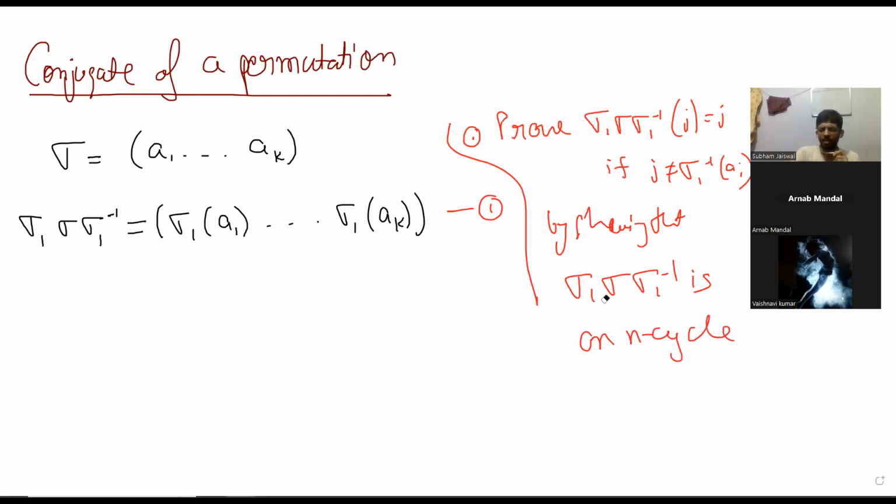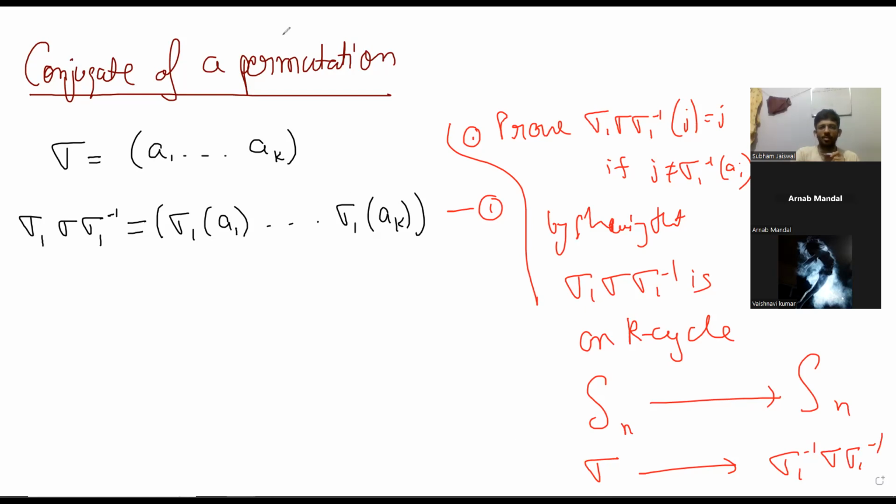And that you should do by considering an automorphism of Sn to Sn, which is given by sigma going to this, where sigma is an arbitrary sigma. Maybe I should use a different notation, but you get my point. Context is different here.